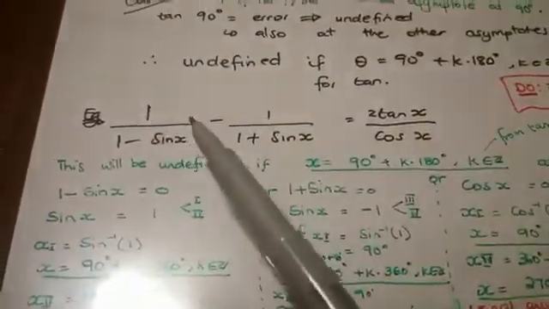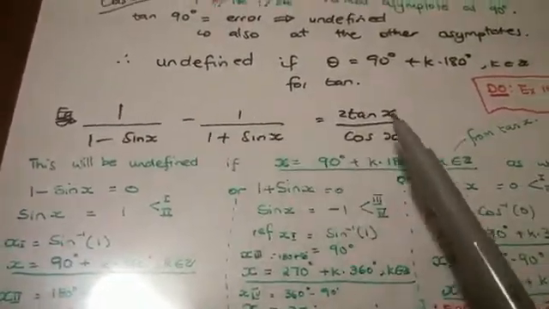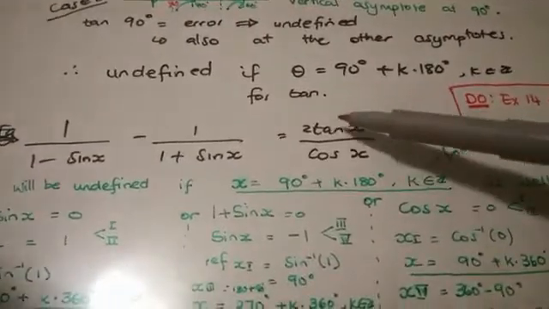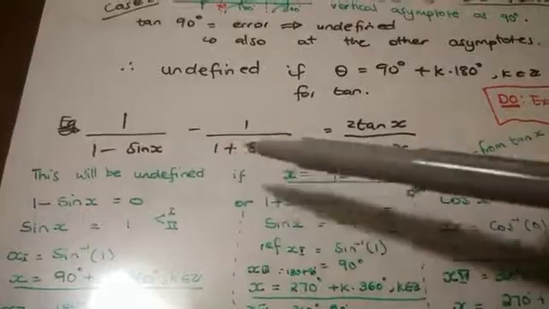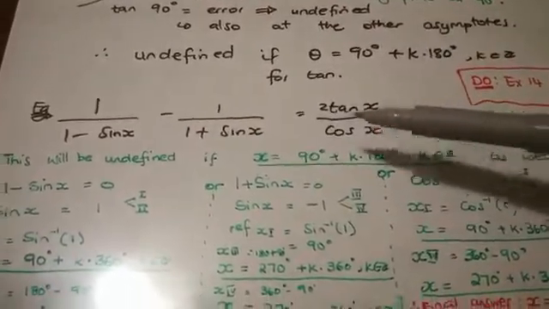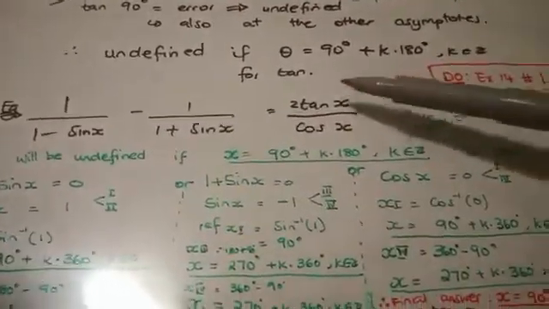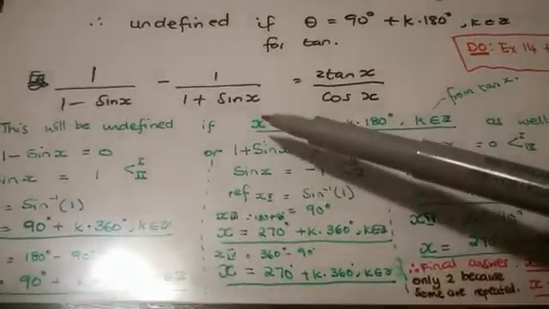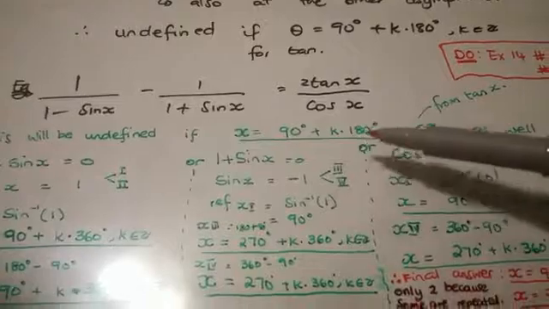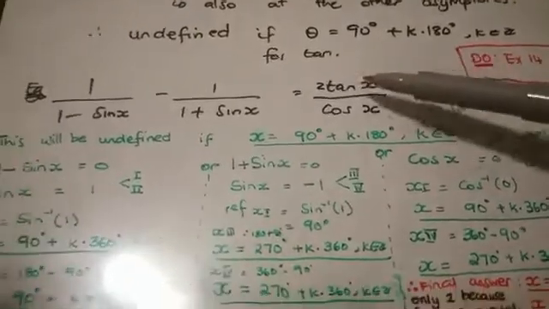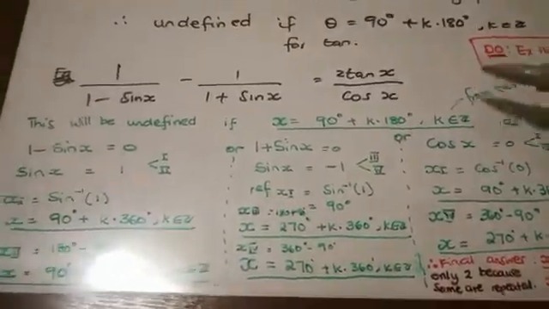Okay, so now let's look at this next example. Here we've got a fraction here, a fraction there, and a fraction there, and we have tan. Before you carry on and calculate the equations that will come from the denominators, because we have tan, you can simply conclude that it will be undefined at 90 plus k times 180. That's the first answer. Then I carry on.